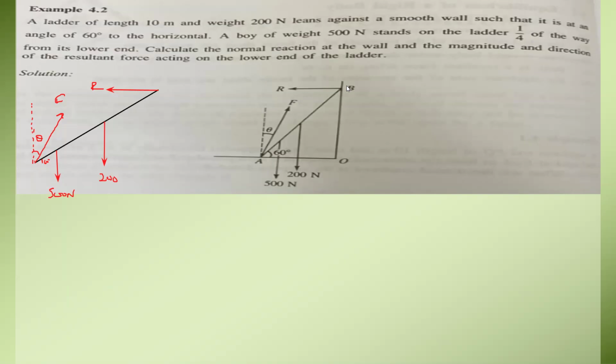Is F a reaction force? Yes, that's a good question. If you see the point of contact of the support of the ladder, it has an inclined surface. So which direction does the ladder try to push?